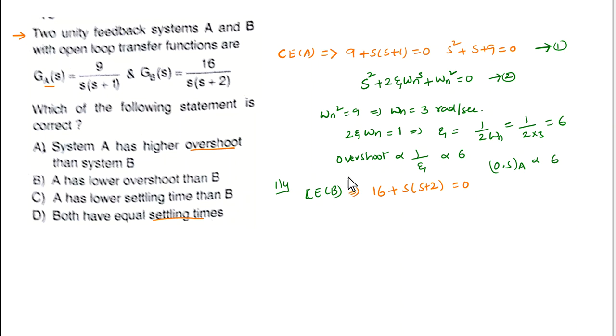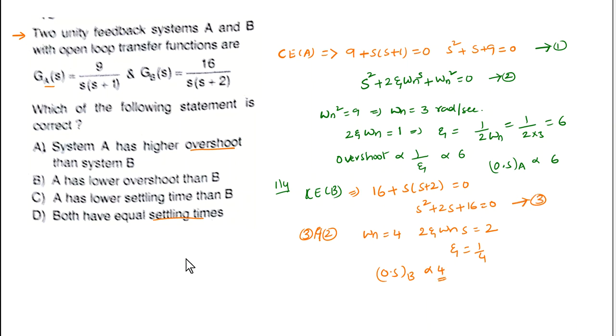Once you solve this equation, you'll get s square plus 2s plus 16 is equal to 0, and compare equation number 3 with equation number 2. So between 3 and 2, what you can get here is omega n is nothing but 4, 2 zeta omega n is equal to 2. From this, the zeta value is 1 by 4. Now the overshoot of the transfer function B is proportional to 4 here.